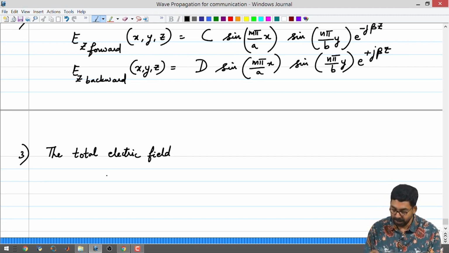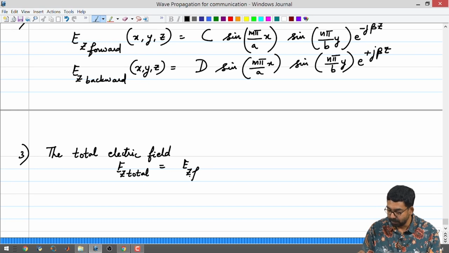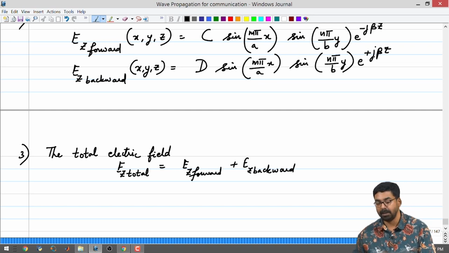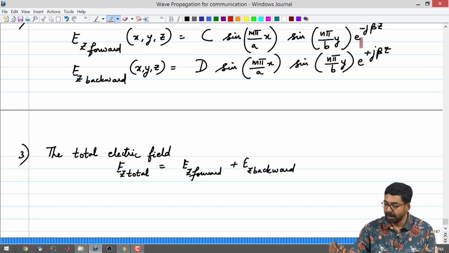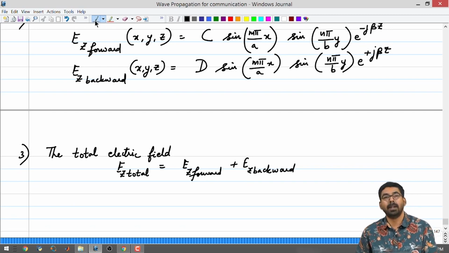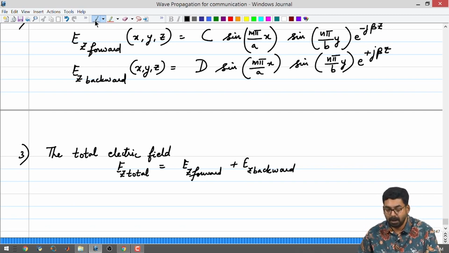So, we can write this as Ez total is going to be equal to the superposition of the forward wave and the backward wave, for which I have the analytical description. I have the fields and I know how they will look, just by a glance from the waveguide expression. I am just going ahead and writing down forward and backward waves.